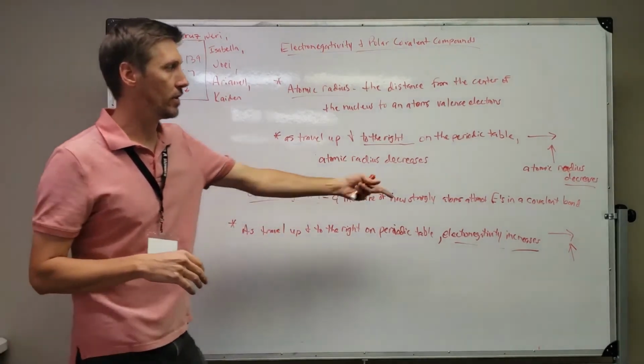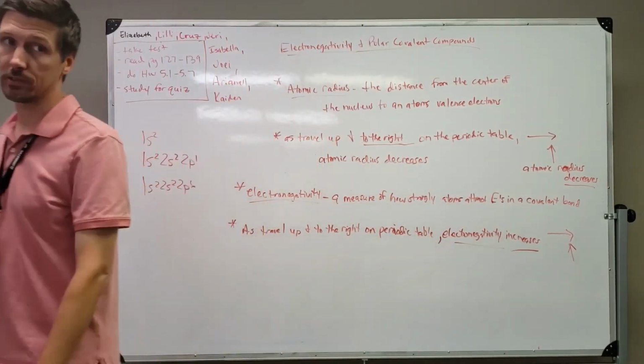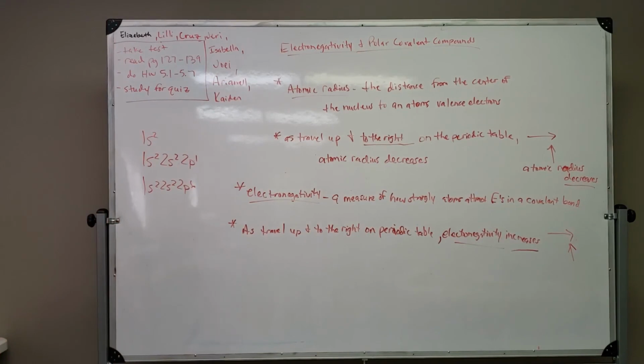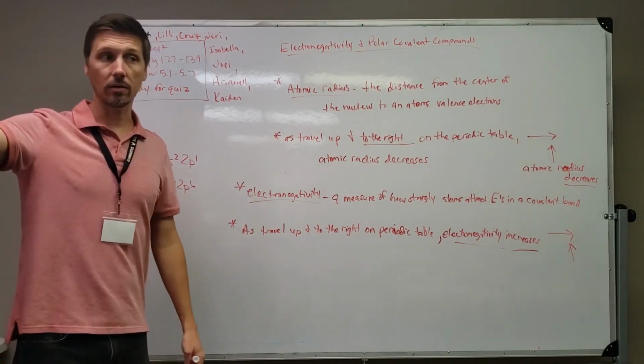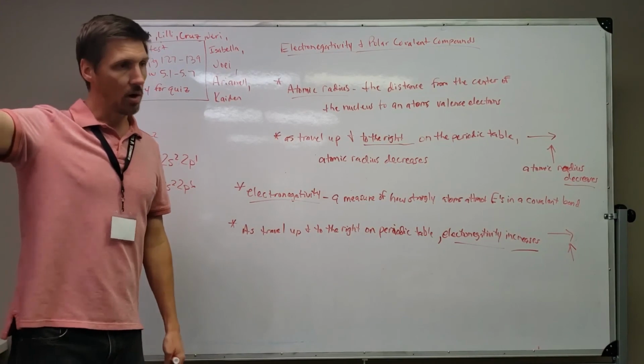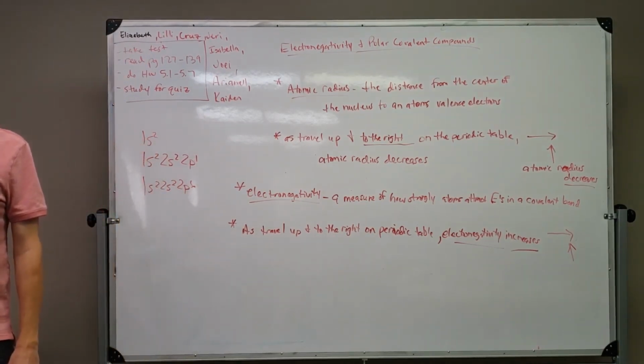So that's why these kind of flip-flop. Atomic radius decreases, electronegativity is going to increase. So if it's easier for you, instead of reasoning through it the way that I explained it, just remember up and to the right on the periodic table: smaller radius, greater electronegativity. All right?